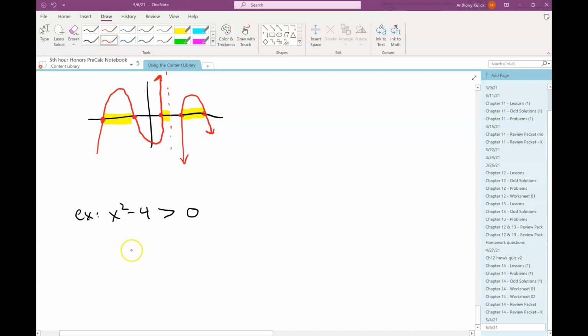So again, this is a polynomial, x squared minus 4. A polynomial doesn't have any discontinuities. It's continuous everywhere, so all I'm worrying about are the x-intercepts. To solve this, I can factor, and I get 2 x-intercepts, negative 2 and positive 2.